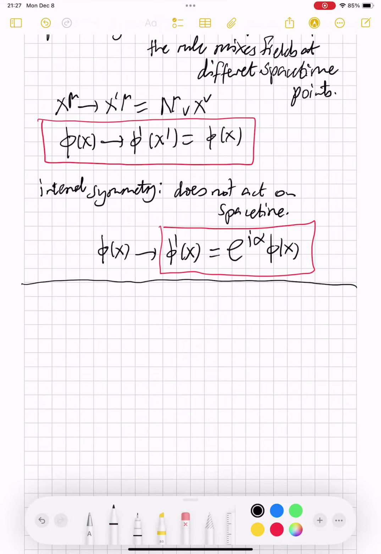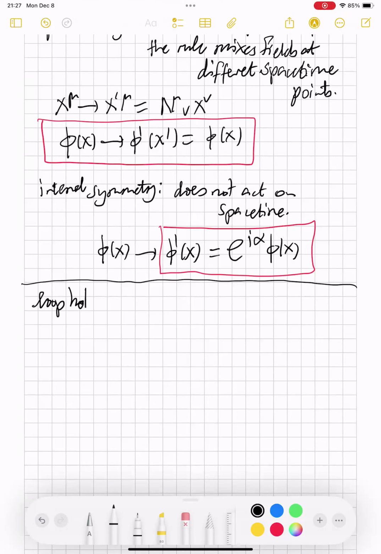And the Coleman-Mandula theorem provides a restriction on what space-time symmetries you can have. You can have as many internal symmetries as you like. Coleman-Mandula is not restricting the internal symmetries. It's only restricting the space-time symmetries. Now, it turns out that there is a loophole in the Coleman-Mandula theorem.